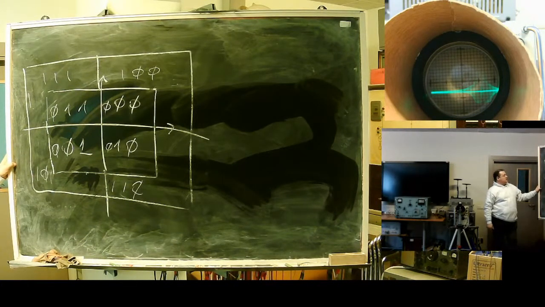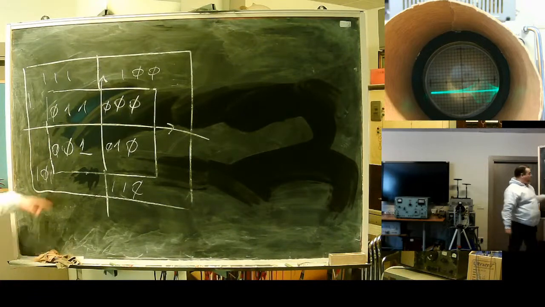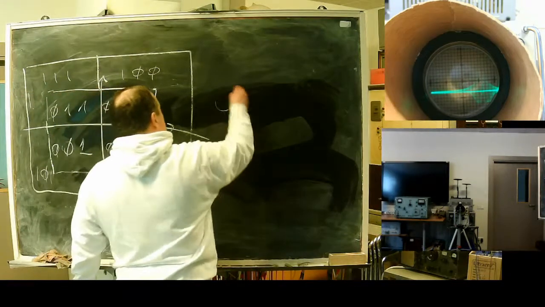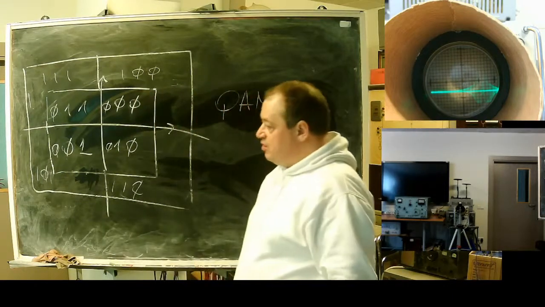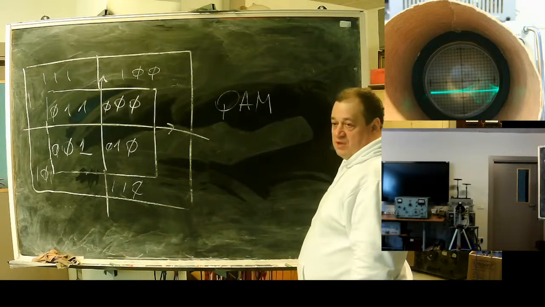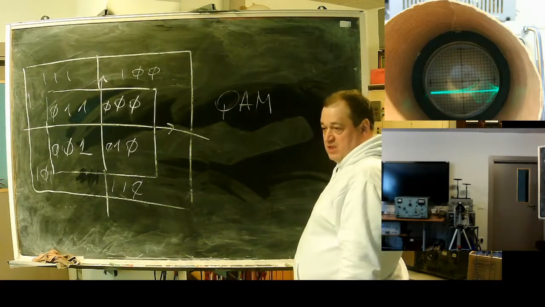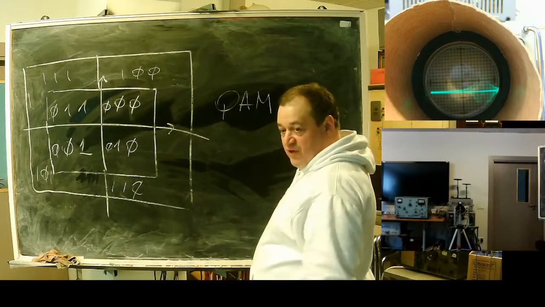We can use schematic like this, changing both amplitude and angle. All kinds of diagrams are quadrature modulation. For data transfer, now most popular are quadrature techniques, when both amplitude and phase are used.